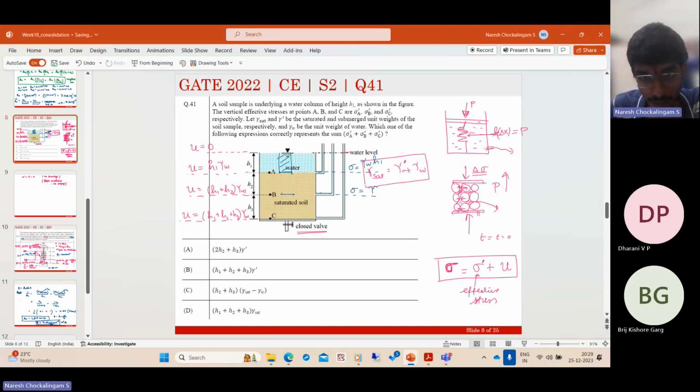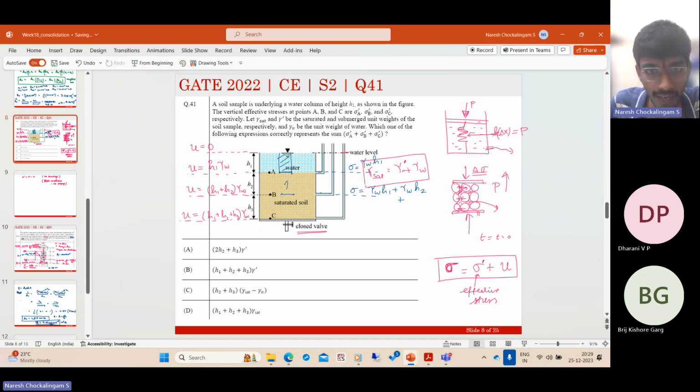So it is the weight of water column H1 plus the weight of water that is there, H2, plus the submerged unit weight of the soil. Why the submerged unit weight? Because under static conditions, these soil particles are immersed in water, so they will displace some amount of water.